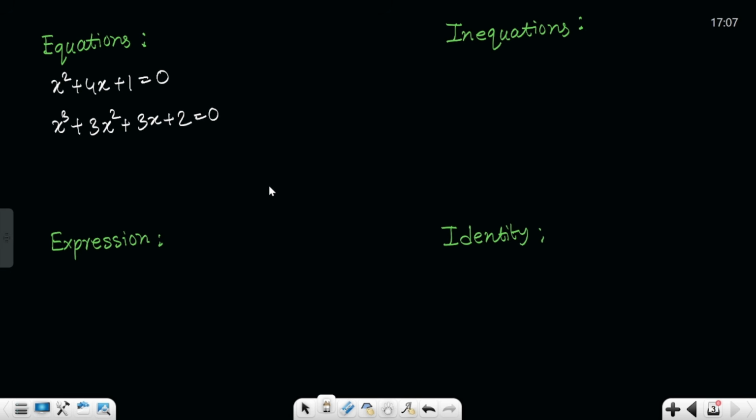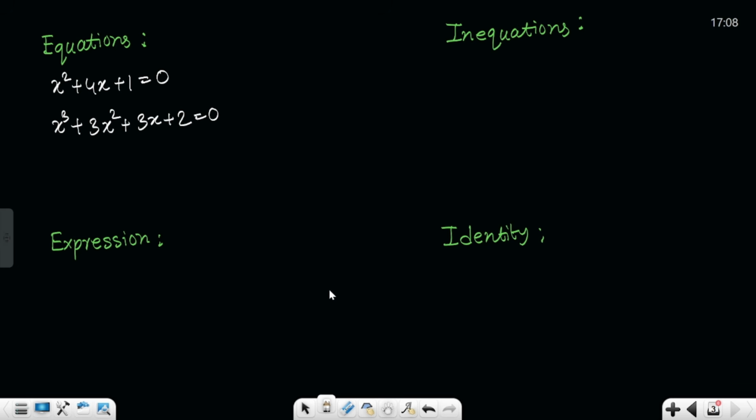These equations are valid for some definite values of x, not any values of x, right? And when we talk about equations, let's talk about identity, which is the opposite of equations. Then we will talk about these two topics.